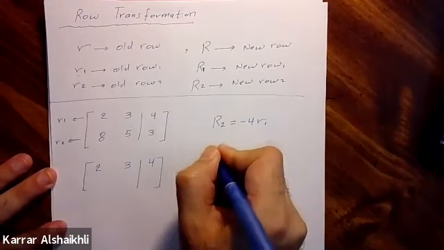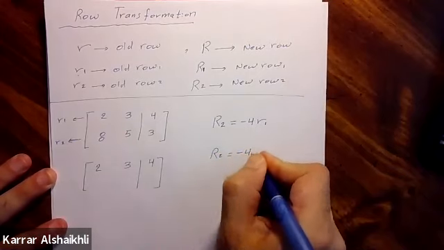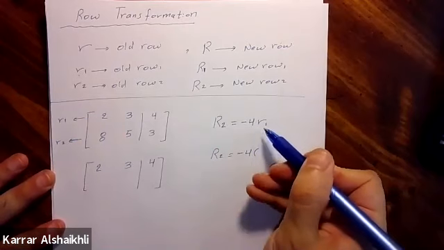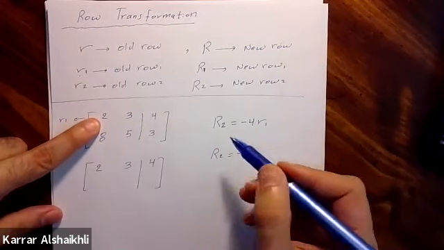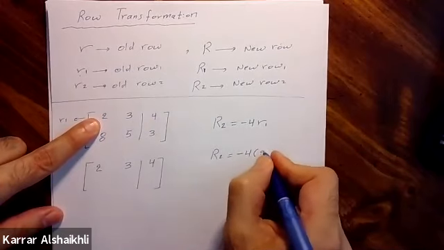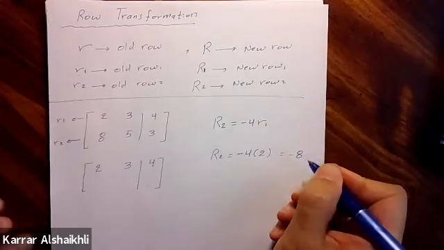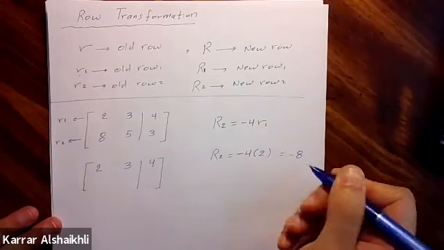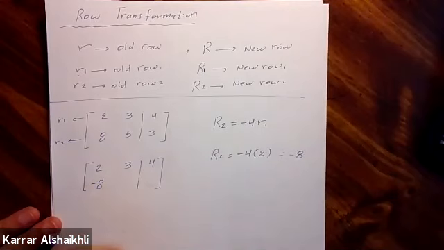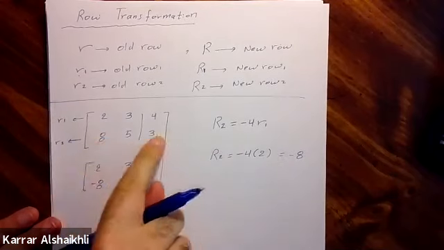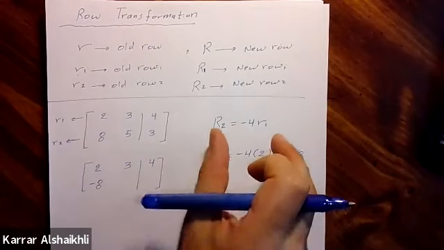The first number is going to be negative 4 times the old R1. Here's the old R1. This is the first number. So negative 4 times 2 is going to be negative 8. So here is the first number with the row 2. I'm going to write down negative 8 here. I'm not going to care about the old R1, because they're telling me to get a new R2.